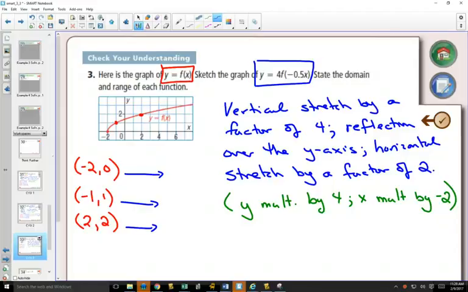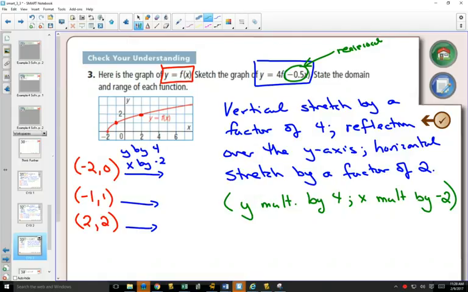What are we going to do to these points? We're going to multiply our y's by 4 and our x's by negative 2. Yes? Because with the x value, again, remember, whatever is in here, it's going to be the reciprocal of that. So the negative is going to flip it over.